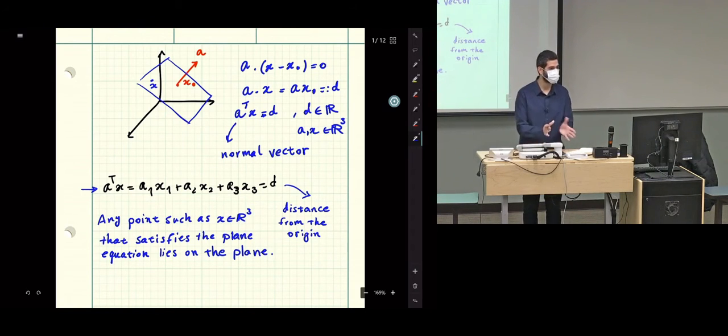So we're talking about points that live on the plane. These are all the points that live on the plane. Now that's not the entire space. There's one half of it that is, let's say, in the upper side. I'm talking about this side. And there's another half that is on this side. And you can see that the plane is cutting the space into two subspaces.